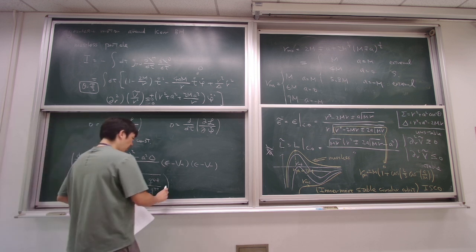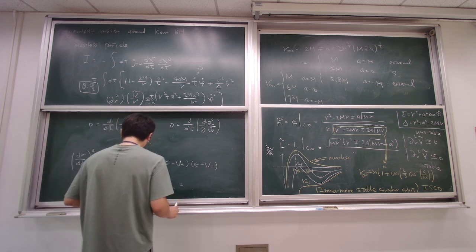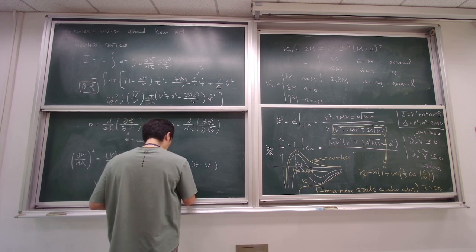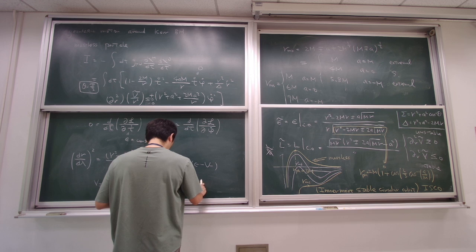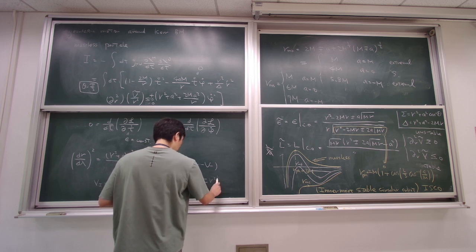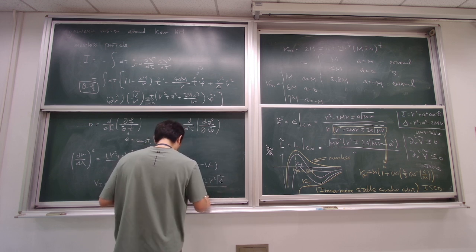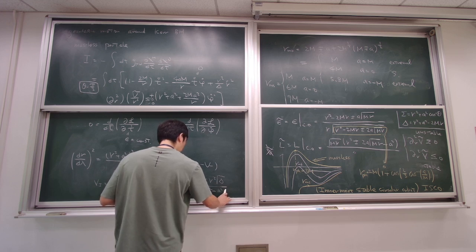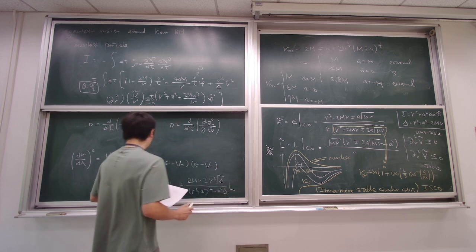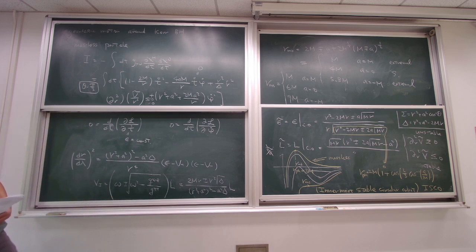And this is equal to 2m over (r square plus a square minus a square delta) times L. So that's the radial part of the equation of motion.